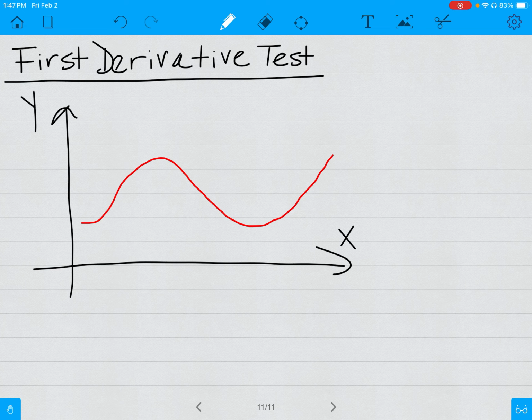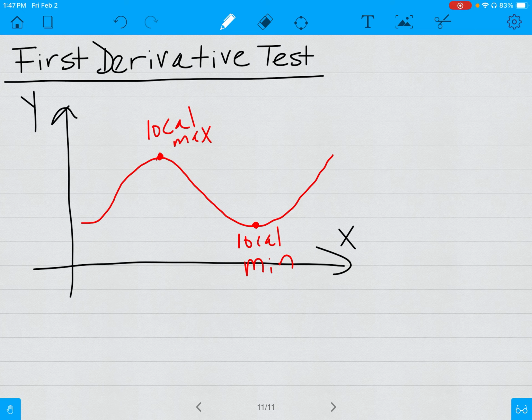And just graphically, just from looking at this, we can see that we have two local extrema, right? We have this local max here at the peak of the hill. And we also have a local minimum at the bottom of the valley, right?